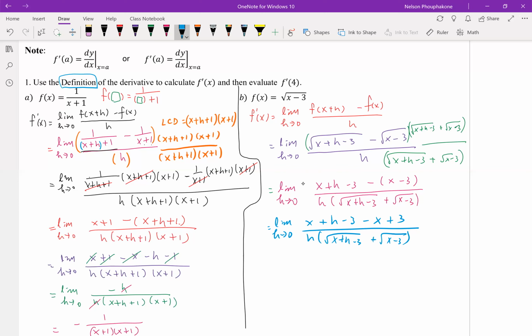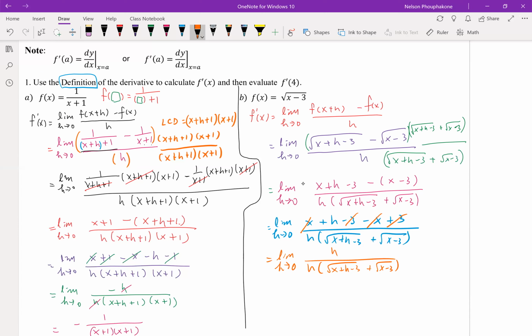And now, of course, x minus x and minus 3 plus 3 cancel, so I have h over h times the square root of x plus h minus 3 plus the square root of x minus 3.